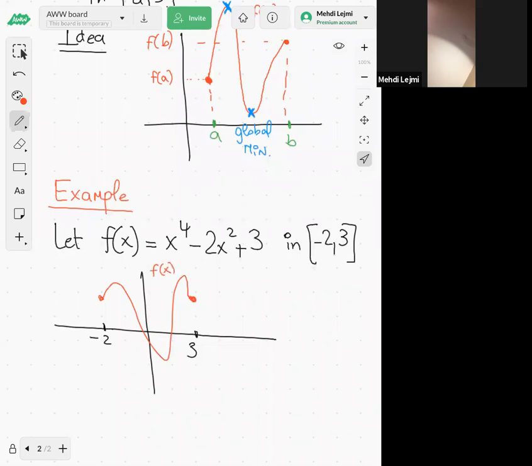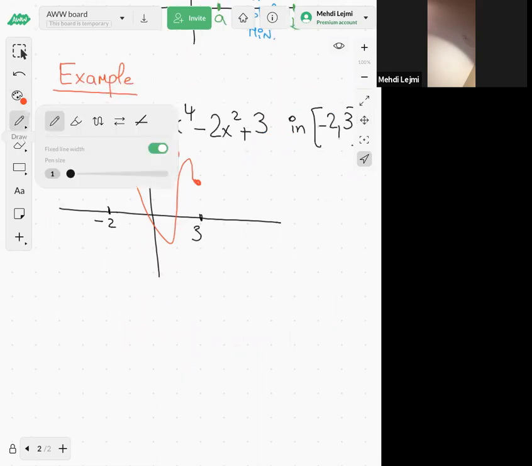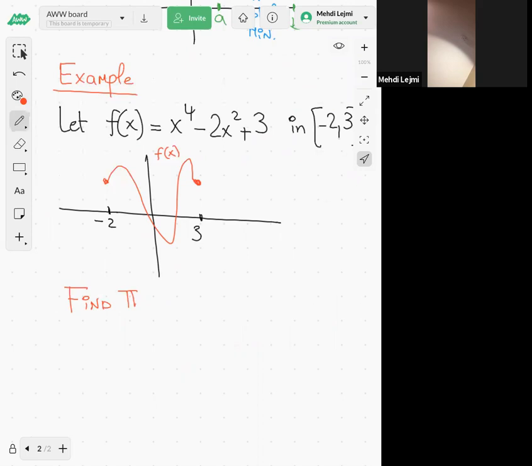Now the goal is we want to find the global maximum and the global minimum, okay? So I'm going to show you the steps, how to find the global minimum and the global maximum.